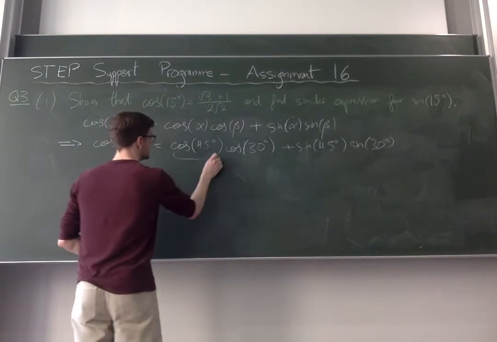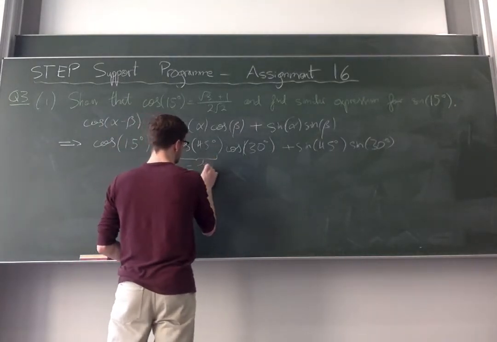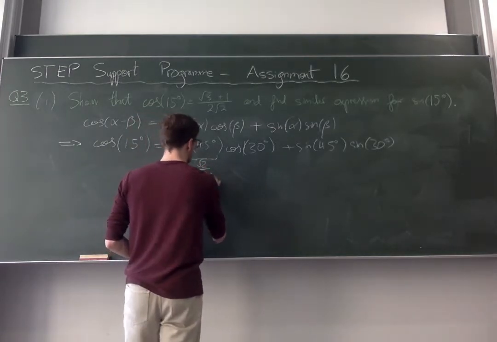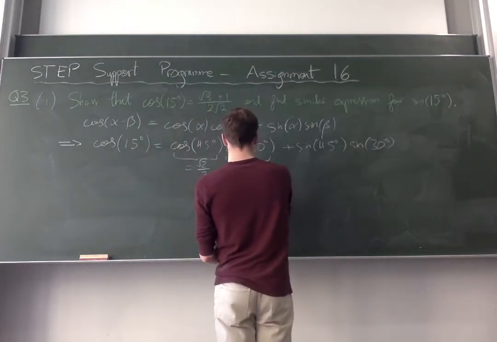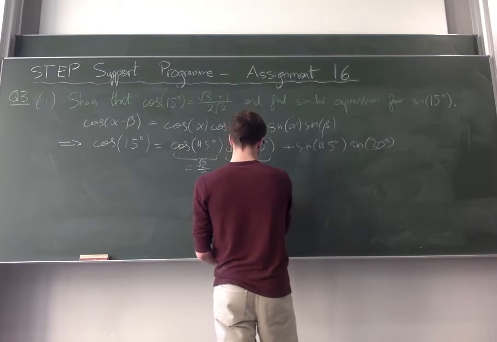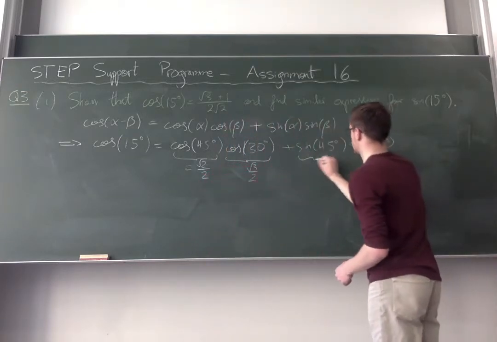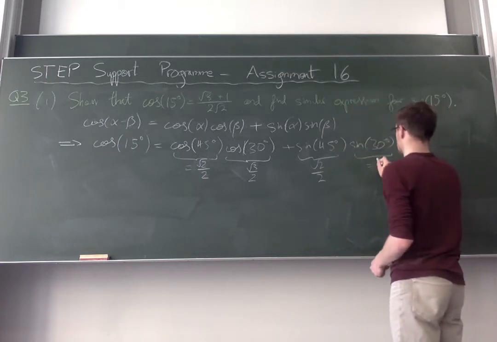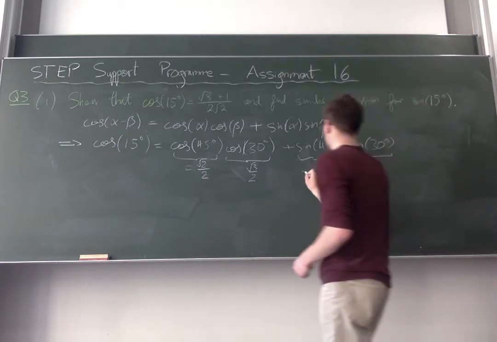Now we know these. Cos of 45 is root 2 over 2. Cos of 30 is root 3 over 2. Sine of 45 is root 2 over 2. And sine of 30 is equal to a half.